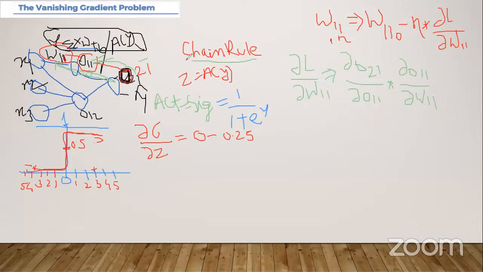If you calculate the derivative for this formula, it will always give you a value somewhere between 0 and 0.25. Understand it from the graphical perspective also: it will start from here and lie within 0.25.